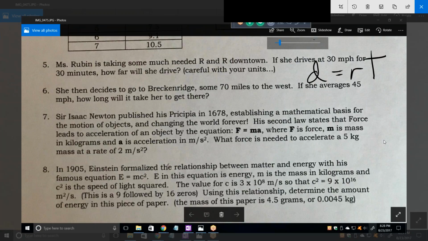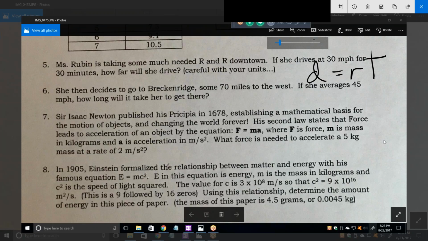Now, obviously, there's lots of manipulations of that. In other words, T is going to be equal to D over R. R is going to be equal to D over T. But the master equation is dirt. You won't ever forget it if you remember it like that. Now, they've given us 2 variables. They've given us the R, and they've given us the time.